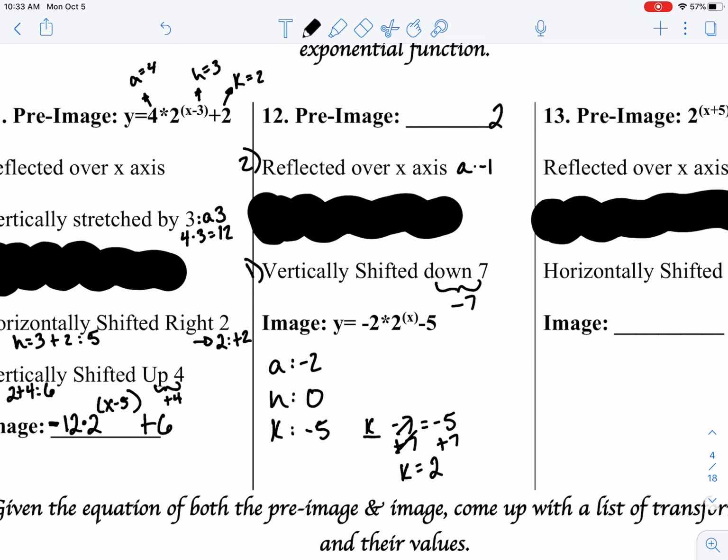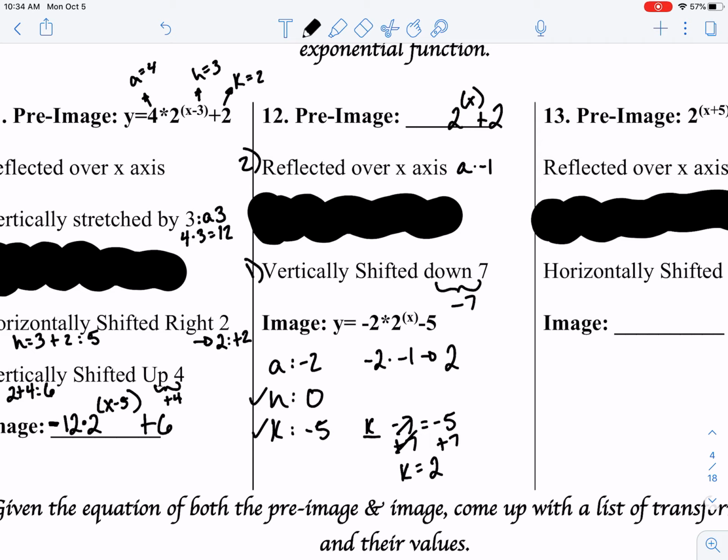There's no horizontal shifts, so I'm not going to mess with it. So it's just going to be 2 to the x power. This 2 is plus. And because I reflect, I'm just going to take my original A, multiply it by negative 1, becomes positive 2.